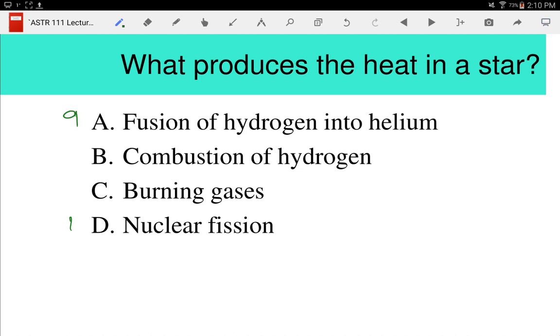What about the stars that are cooler and don't have hydrogen and helium in them? Well, all stars have hydrogen and helium. The amounts might vary, but they all do.